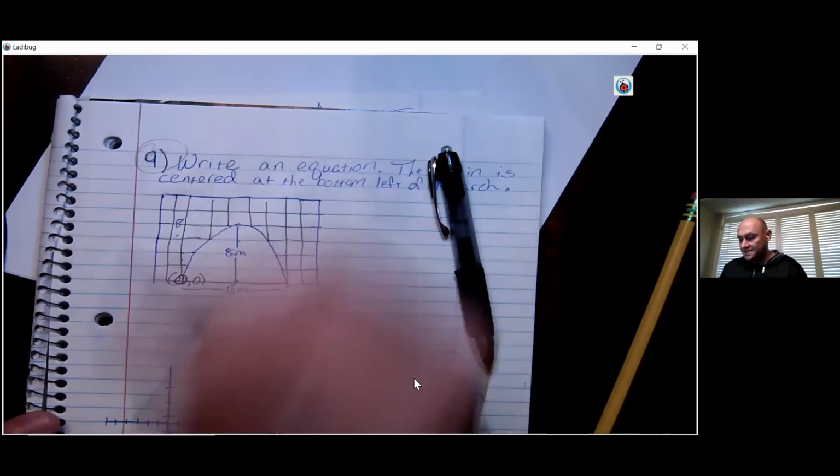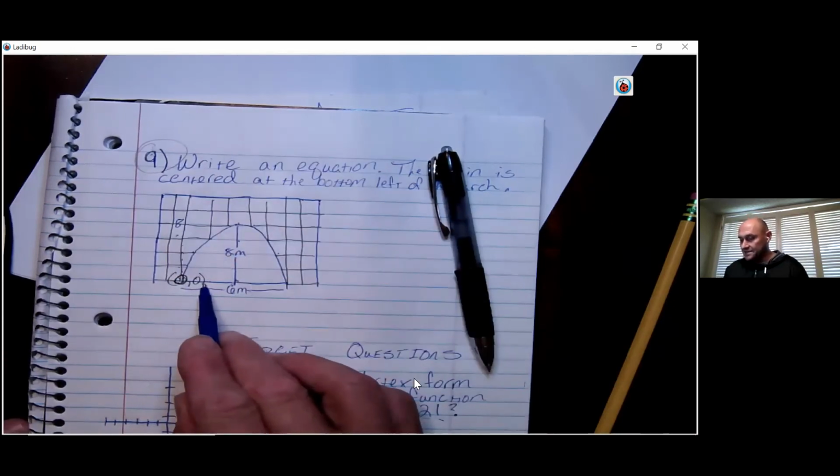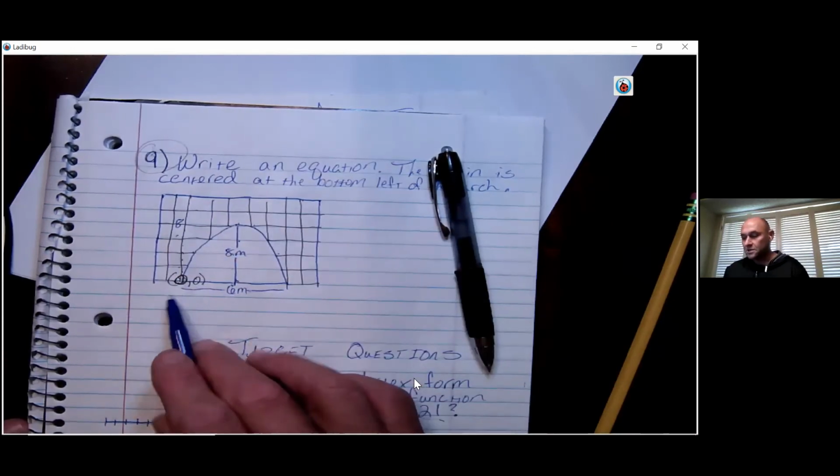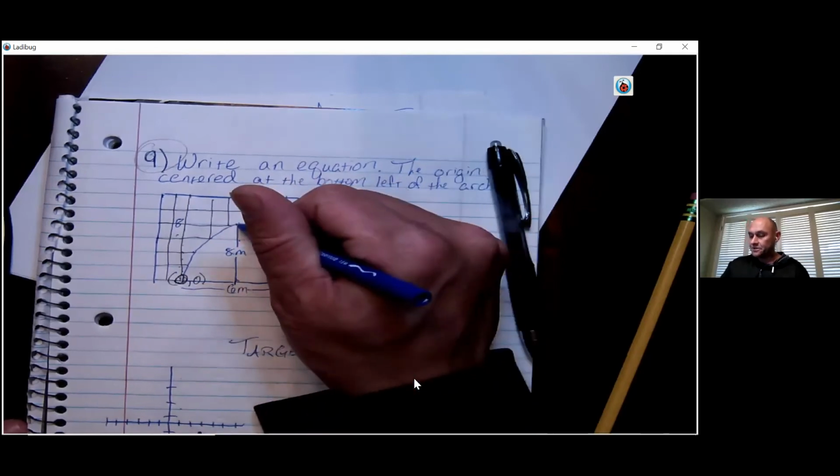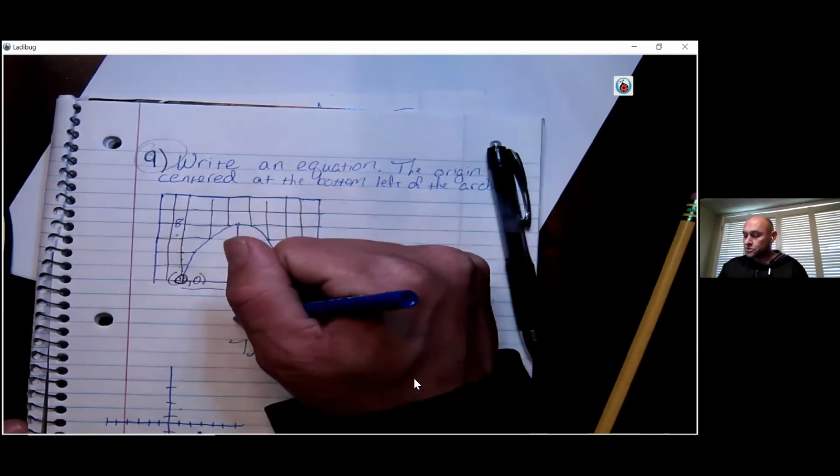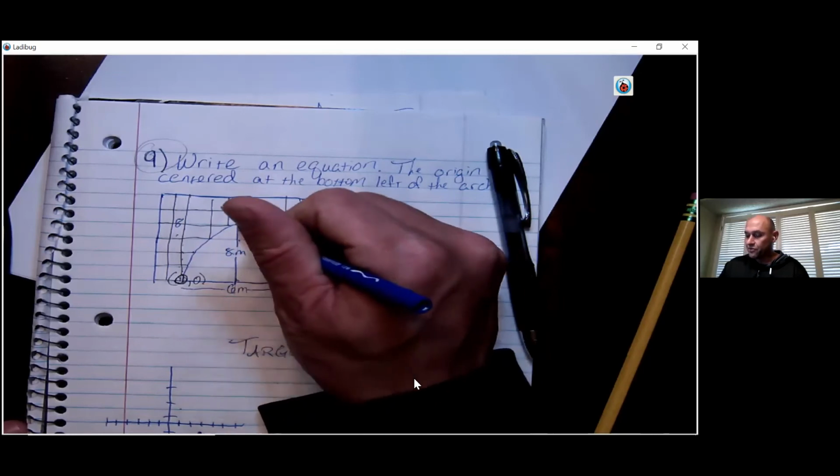If this is 8 and this is 6 all the way across, remember the axis of symmetry goes straight through the middle of the parabola.